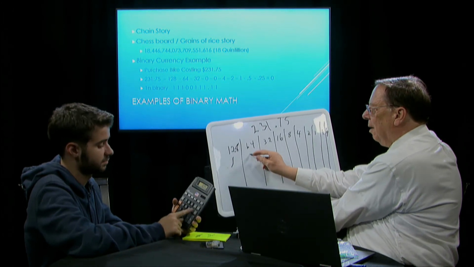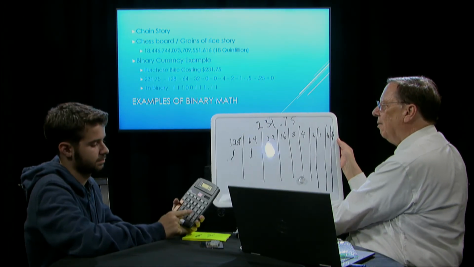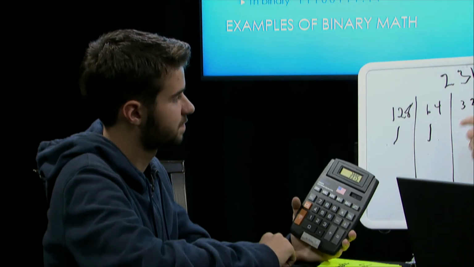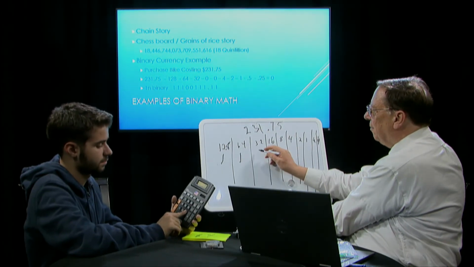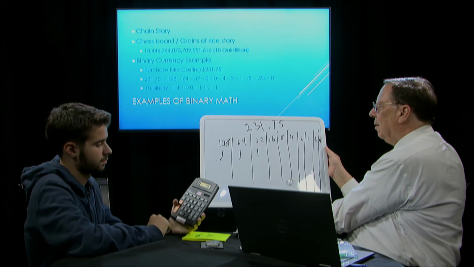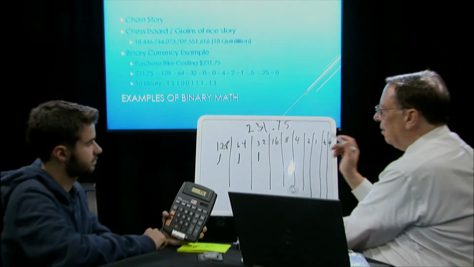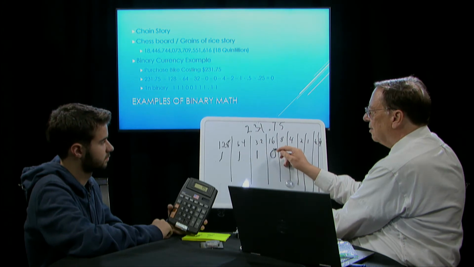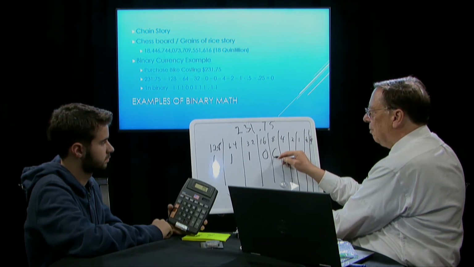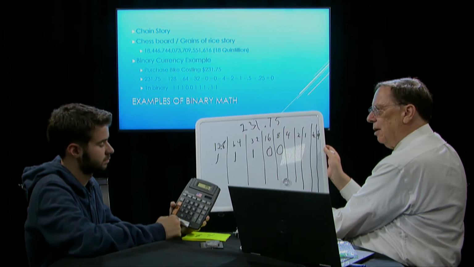Okay, so we can take out a 64, right? So you take out a 64, now what's left? $39.75. Okay, so we can take out a 32, right? $7.75. So we don't have enough money here to get a 16 or an 8. We're down to $7, but we can take out a 4, right?